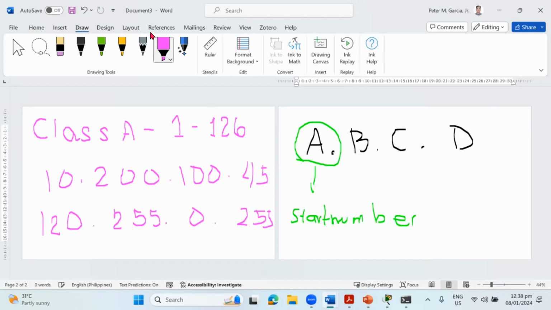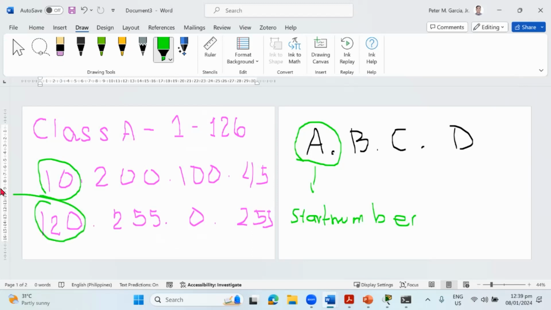Ang titignan nyo lamang lagi yung unahang number. Wala kayong pakialam dun sa susunod na number. Lagi yung titignan, yung first octet, yung simula. Lagi ang starting number natin ay yung kay A. Okay?